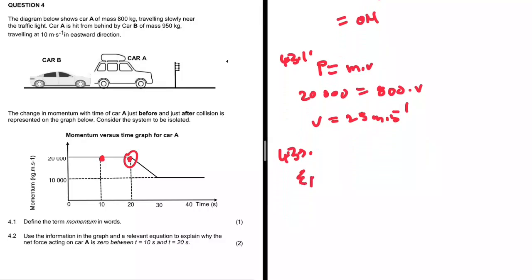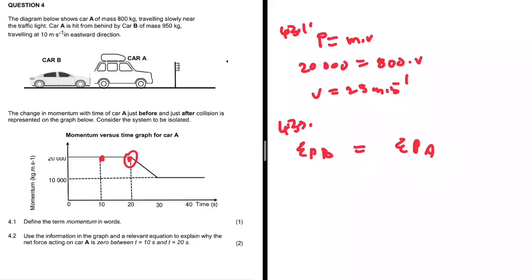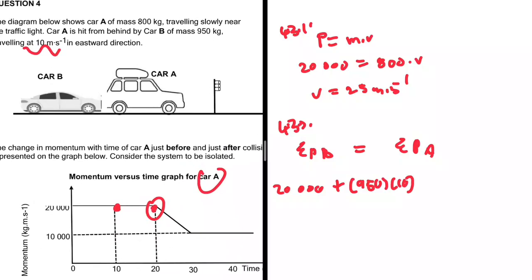The sum of the momentum before will be equal to the sum of the momentum after. I'm able to use that because we are told that our system is isolated. Before the collision, the momentum of car A is 20,000, plus the momentum of car B, which is 950 multiplied by 10, since car B is moving at 10 meters per second in the eastward direction.